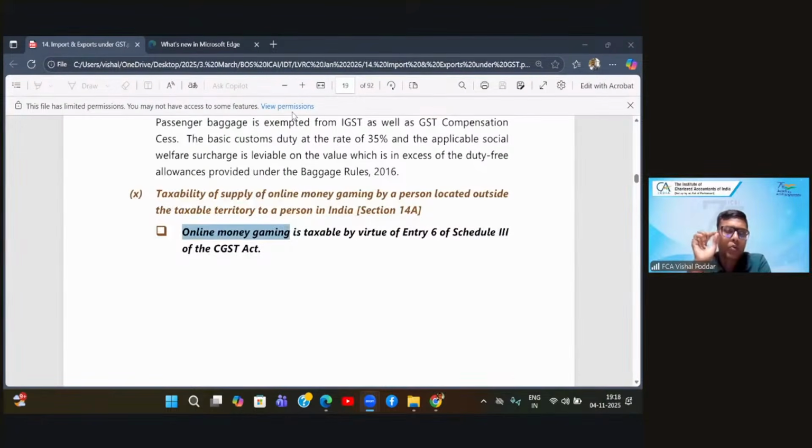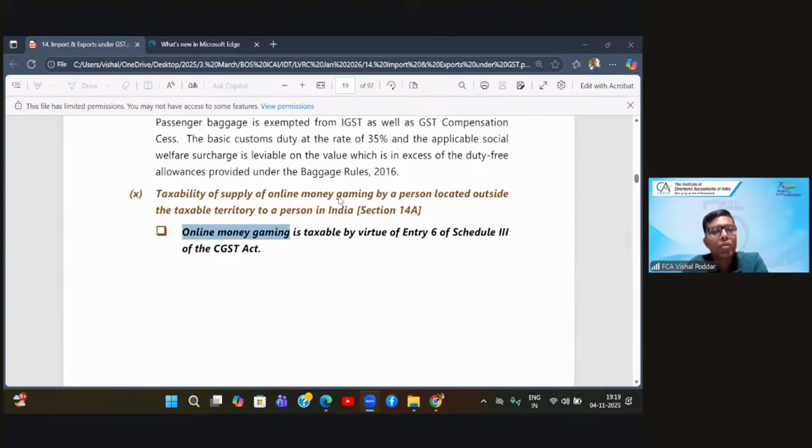Where you are only making payment as a subscription so that you are entitled to play the game, or you are making payment so that you can buy some online life or some sword or something, then that is simple online gaming. Online gaming is part of services, taxable as services, but online money gaming, being covered as specified actionable claim, is taxed as goods.